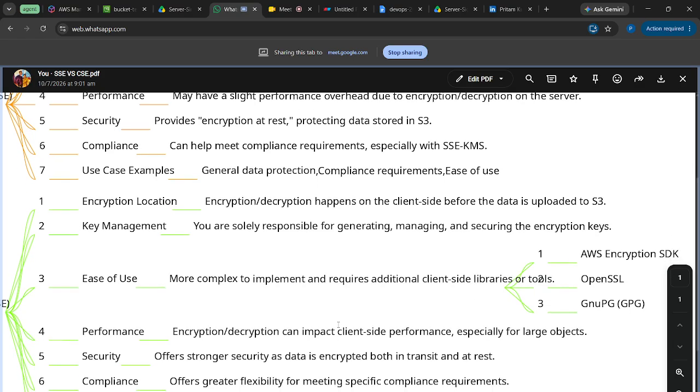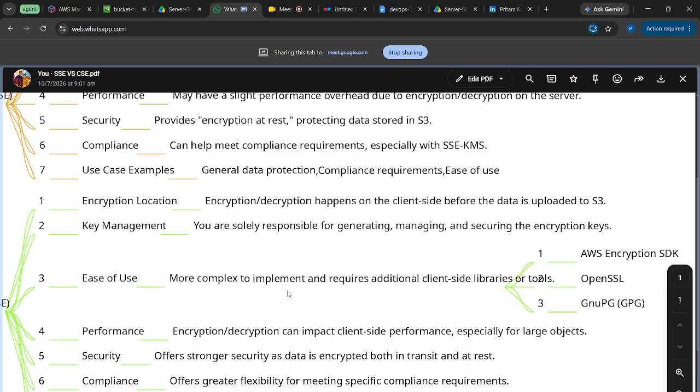Then comes the third question, ease of use. More complex. Why? Because this key is created by you to make your data secure, which is highly sensitive. That's why it is more complex to implement and requires additional client-side libraries or tools.